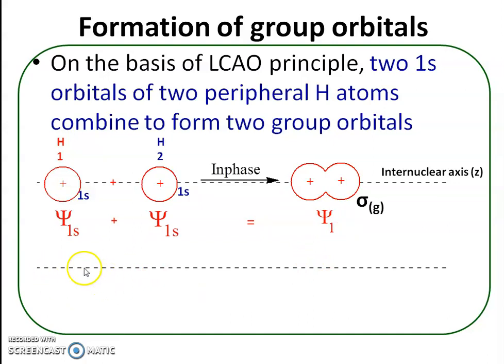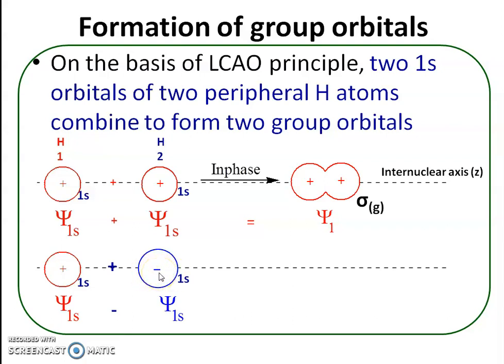Now again consider the internuclear axis. Now hydrogen contributes a 1s atomic orbital with positive sign wave function, psi 1s. It combines with the atomic orbital of the other hydrogen, that is the 1s orbital. But now this 1s atomic orbital has a negative sign wave function, and therefore this combination is plus psi 1s minus psi 1s, because the second atomic orbital has a negative sign wave function.